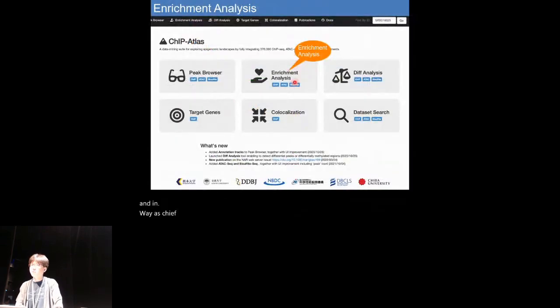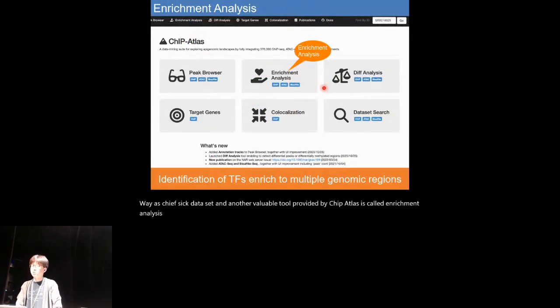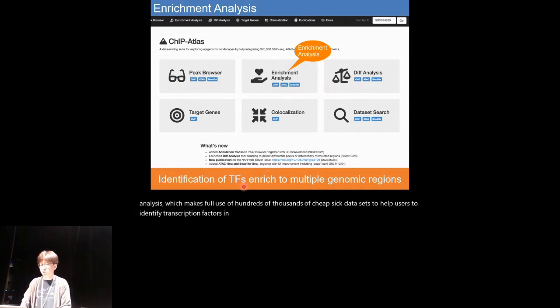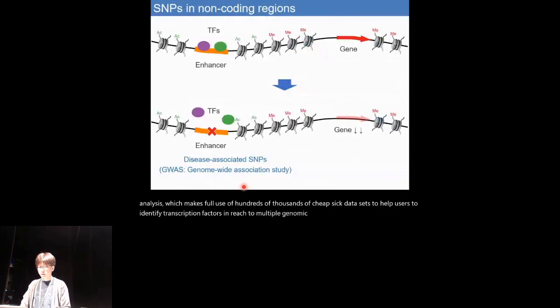And another valuable tool provided by ChIP-Atlas is called enrichment analysis, which makes full use of hundreds of thousands of ChIP-Seq datasets to help users to identify transcription factors enriched to multiple genomic regions or genes.